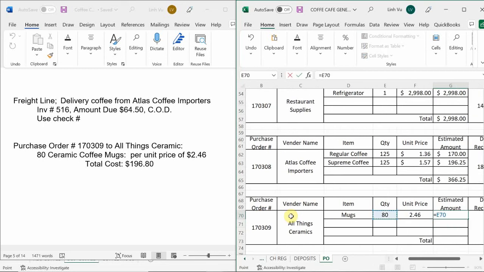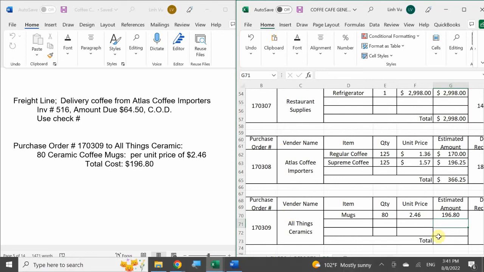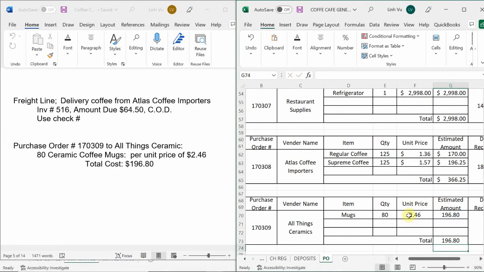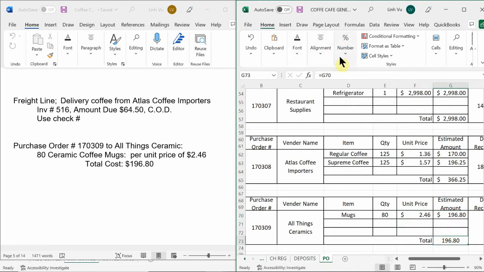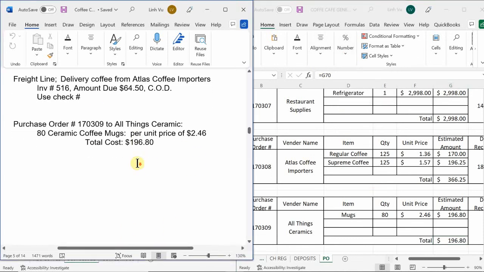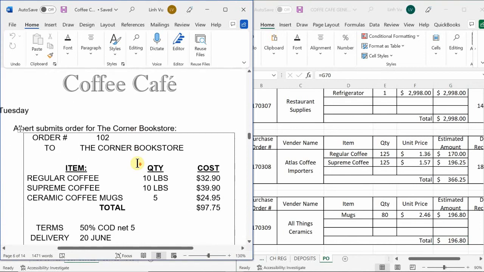So 80 times 2.46 should give you $196.80. So now my purchase order has been completed.